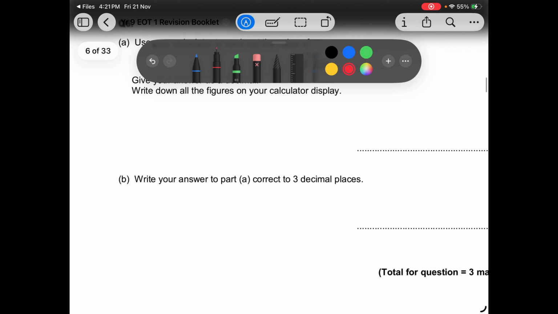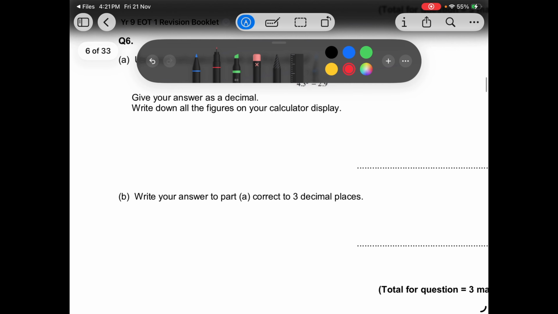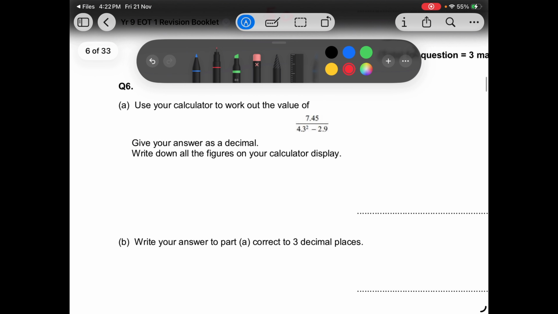Then we will write your answer in part A. Okay, correct to three decimal places. Okay guys, let us do that together.